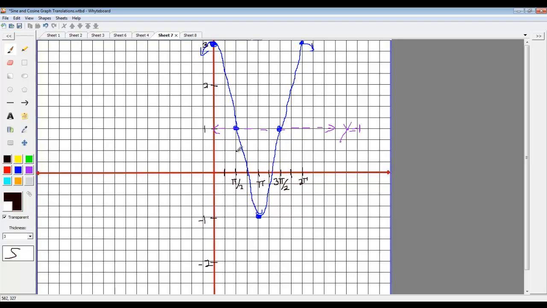The original cosine graph would have been here, here, here, here, and here.